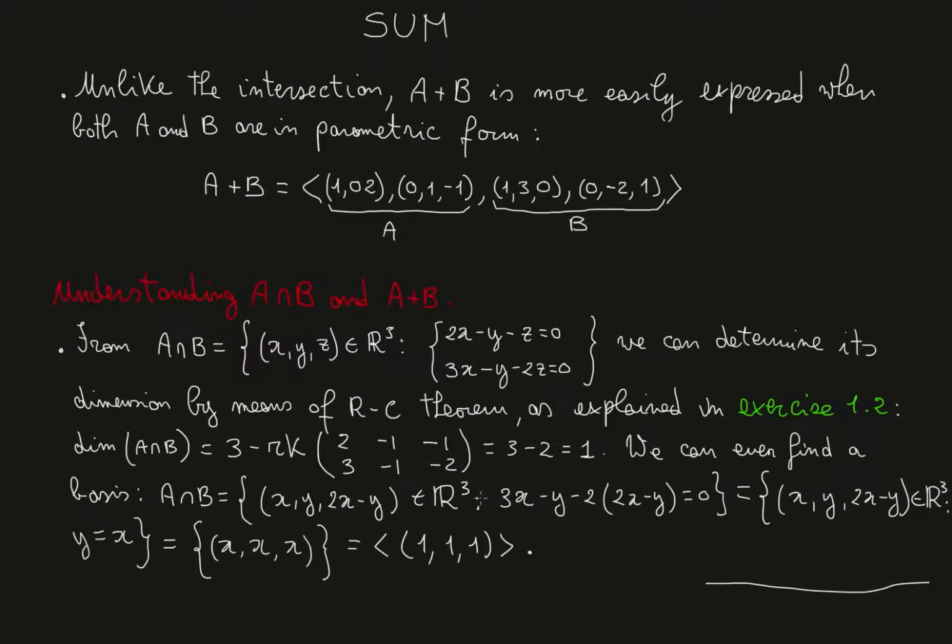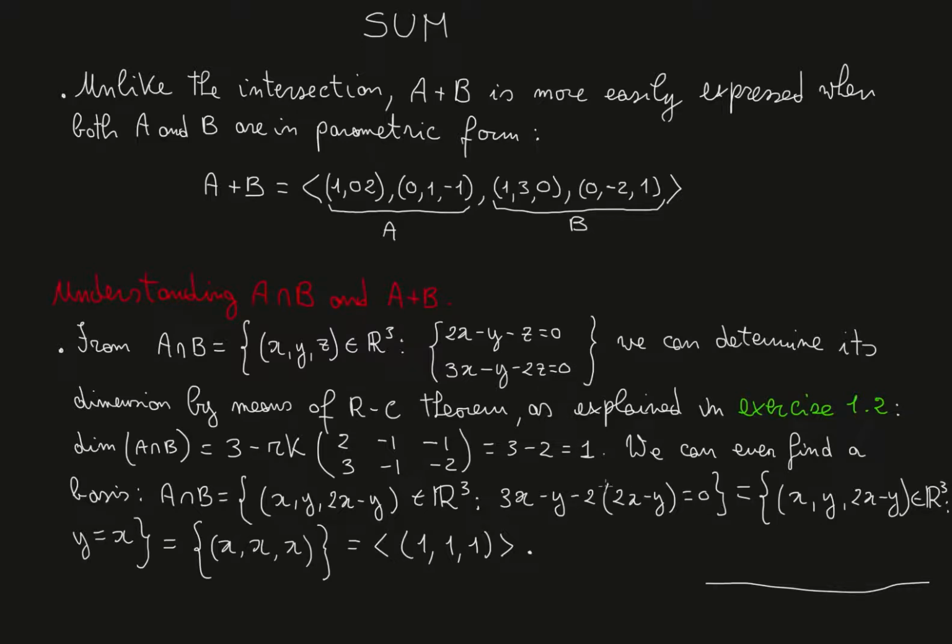But these are not anymore unrestricted vectors, because there is still the second condition that has to be satisfied, and the second condition reads 3x minus y minus 2z, but we already expressed z in function of x and y, so z we can write in the expression as 2x minus y, equals 0. So this is a writing of A intersected B which implements the first condition of the two.